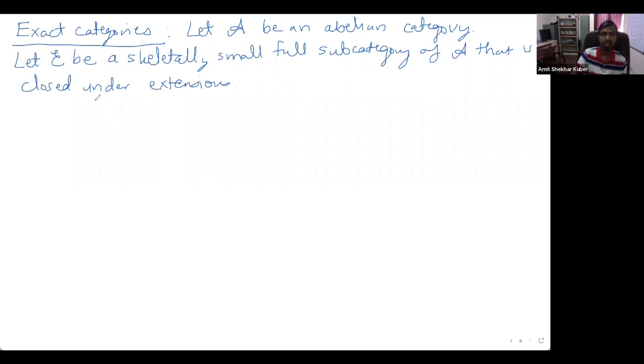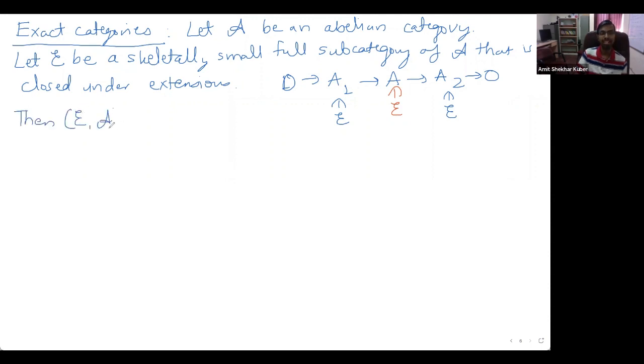Closed under extension means that whenever you have a short exact sequence 0 to A1 to A to A2 to 0, and these two objects A1 and A2 belong to E, then the middle object also belongs to E. So this is the extension of A2 by A1, and it also belongs to E. All right. So then E is called an exact category.